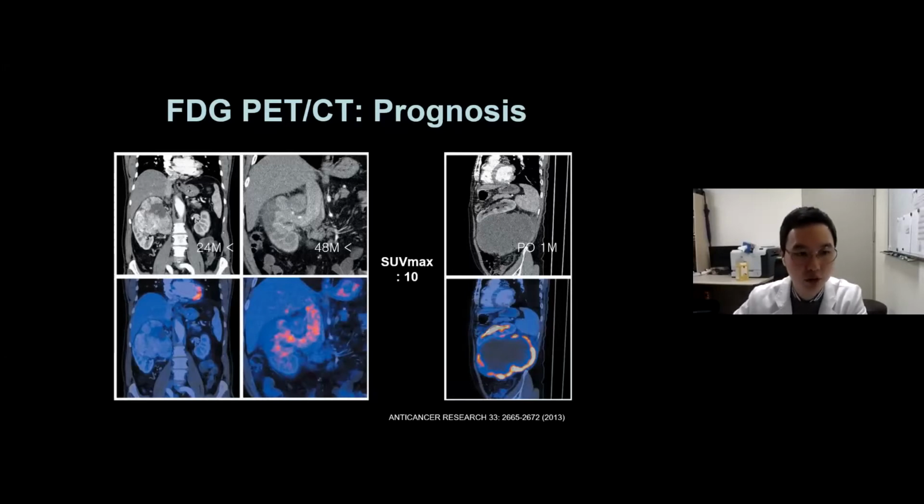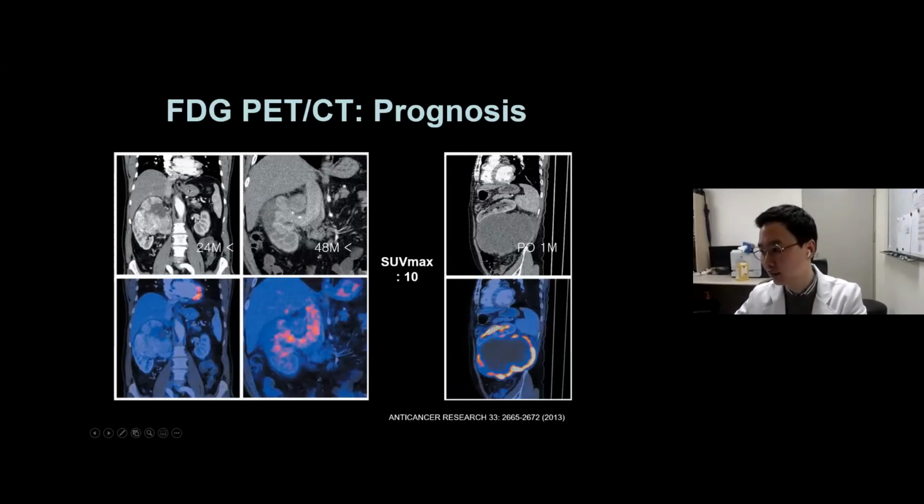This study showed that SUVmax of more than 10 can indicate a poor prognosis. As you can see in the left cases, the patients had a very low or equivocal uptake in the tumor, and these patients showed a relatively long progression-free survival.